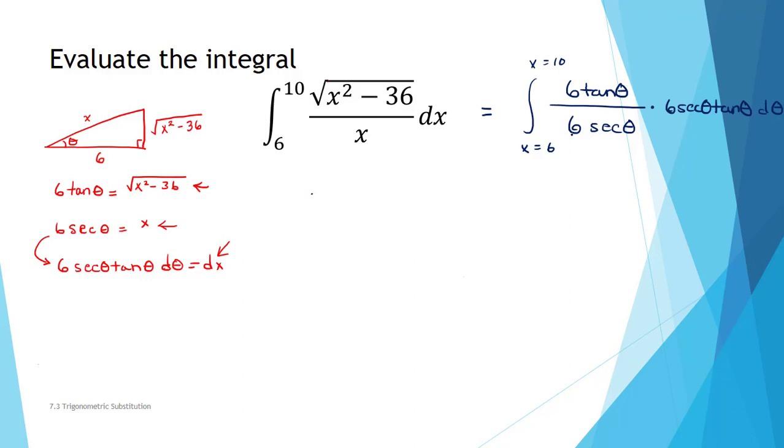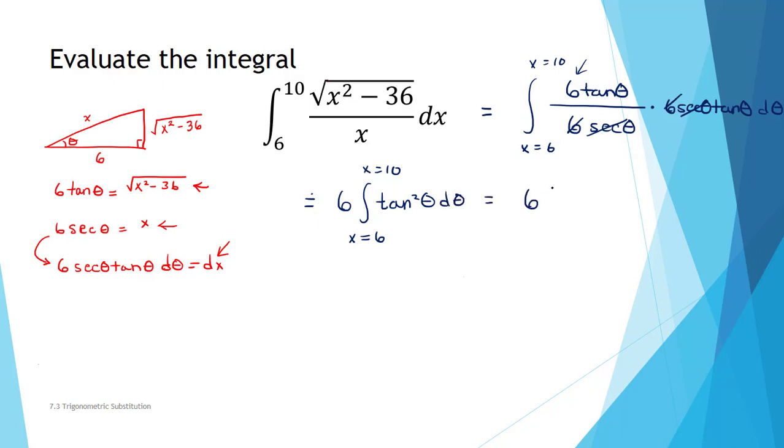So let's simplify our integrand. We know we can cancel a factor of 6 and a factor of secant theta. This initial 6 we can pull out front. So we have 6 times the integral from x equals 6 to x equals 10 of the function tangent squared theta d theta.